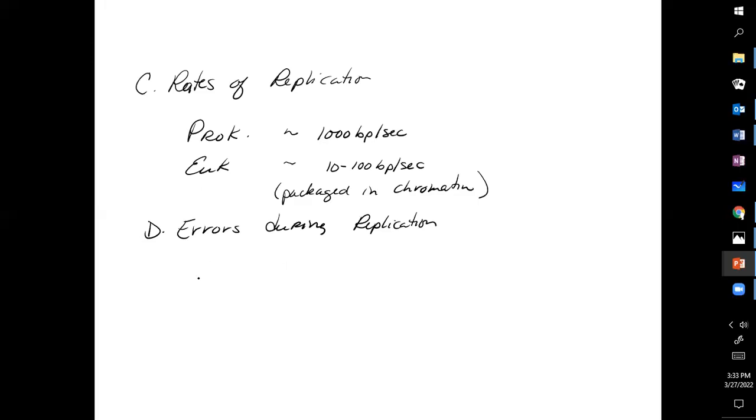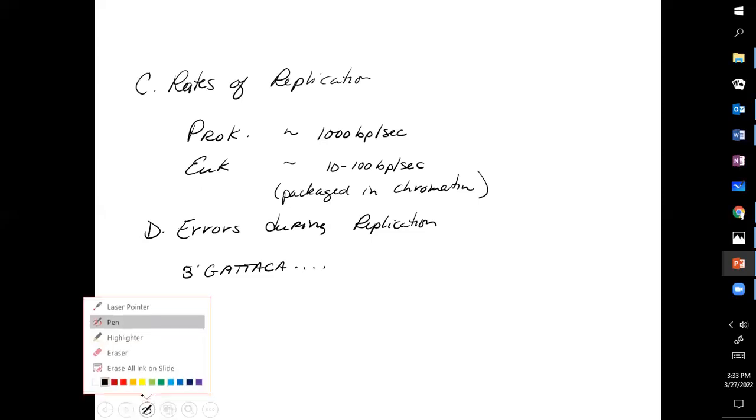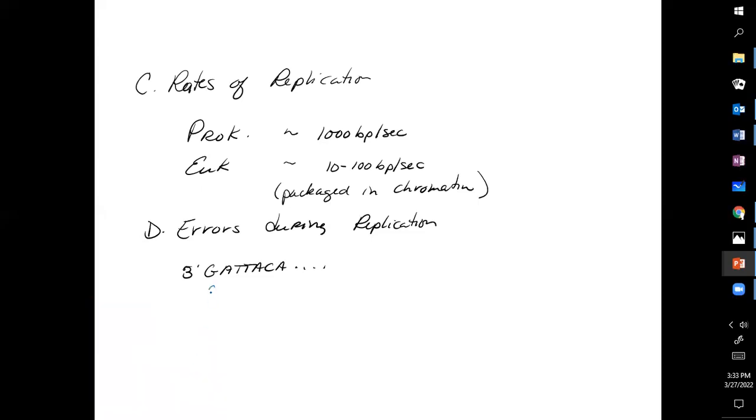And so let's imagine, let's make a template strand of DNA. So we'll say this is a 3' end, and then we've got our newly synthesized strand coming in, CTAA, going in this direction. So now it's conceivable that the wrong base could get into this spot.